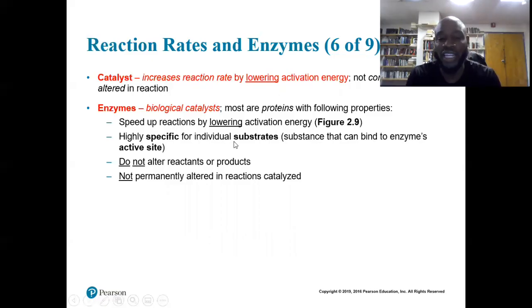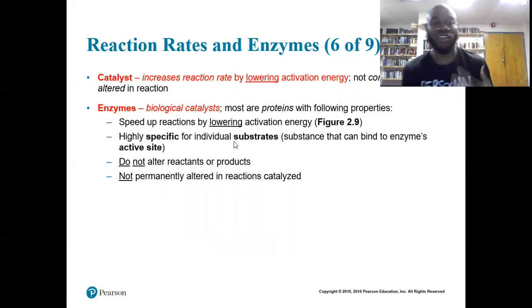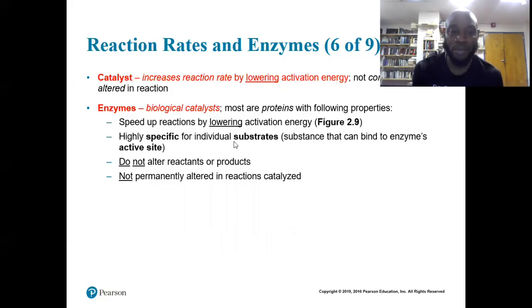Basically, all that enzymes do is speed up reactions by lowering the activation energy. So if an enzyme is available, it can help lower that activation energy, the energy that is necessary to get that reaction started, and therefore allow that reaction to happen more likely in your body.